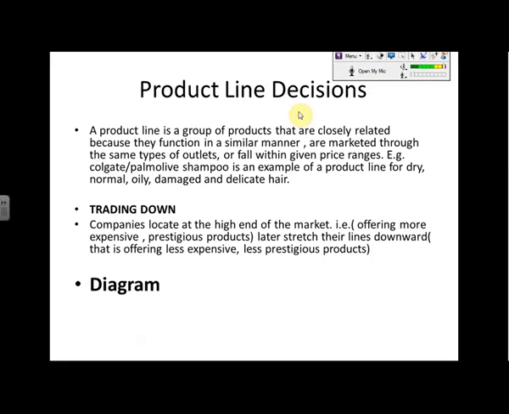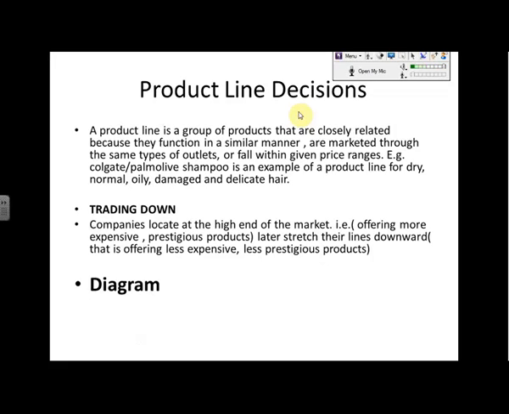For example, Colgate Palmolive shampoo is an example of a product line for dry, normal, oily, damaged, or delicate hair. So you find that a product line can actually end up having different dimensions that it follows. It can be distributed by different outlets, and it can fall within given price ranges.